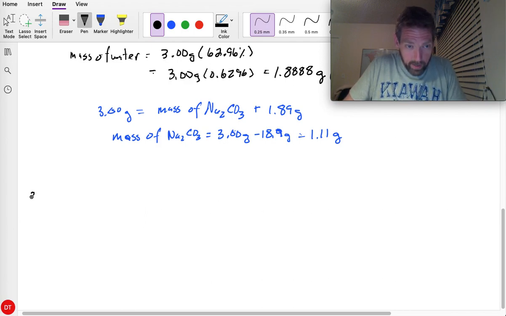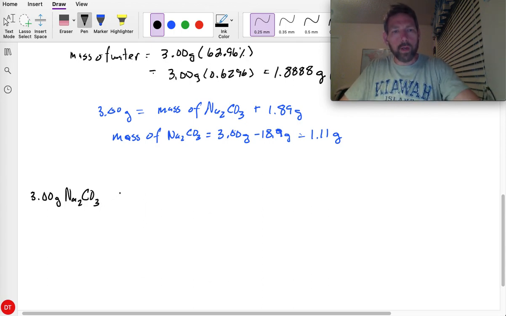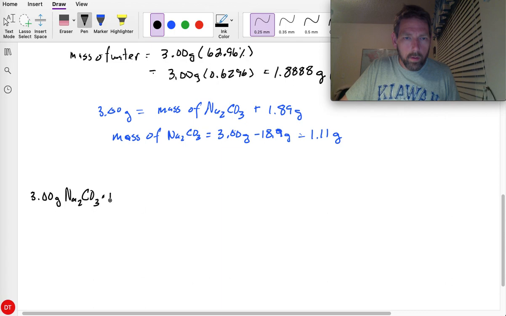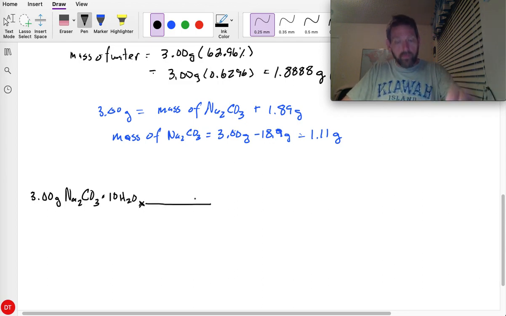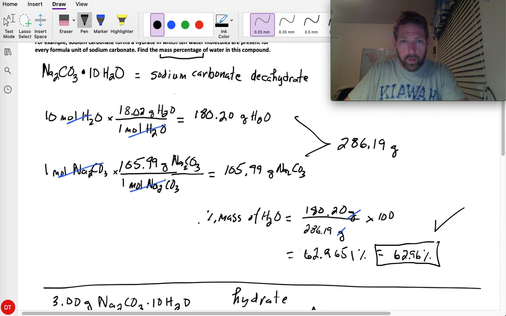So let's think about this. We've got a 3-gram sample of sodium carbonate. Oh, I'm sorry, of sodium carbonate decahydrate. We already figured out the molar mass for this. If you think about it, 286.19, that's the molar mass of that hydrate.